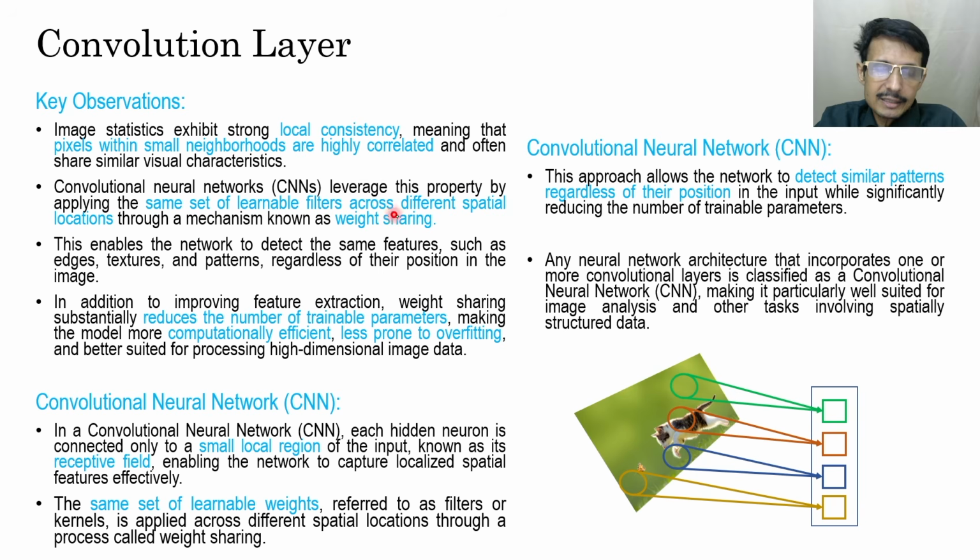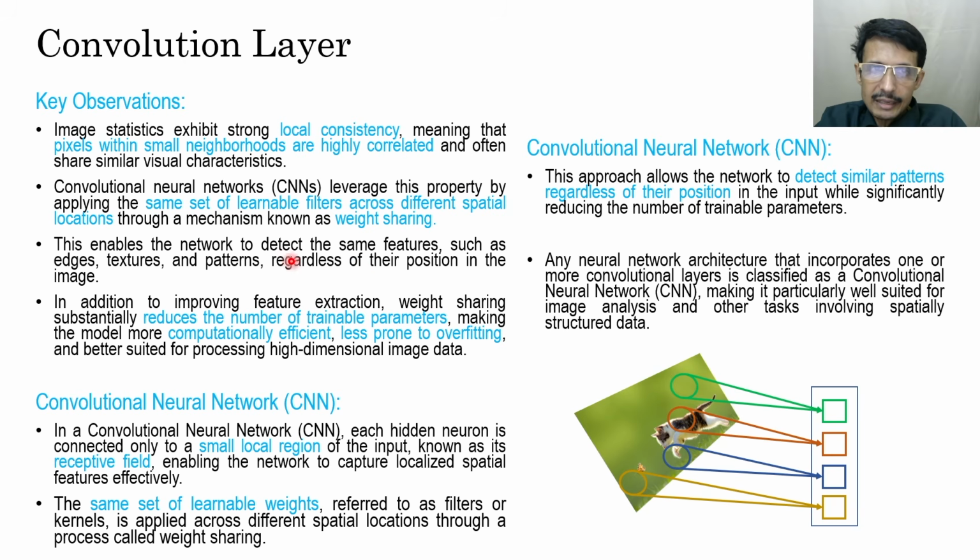So in images where there is a large homogeneous background, CNN leverages these characteristics by applying the same set of learnable filters across different spatial locations through a mechanism called weight sharing. Here weight sharing is helpful because the resultant matrices are very similar. And it has a certain advantage.